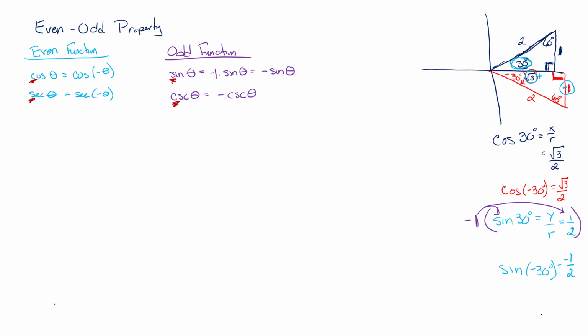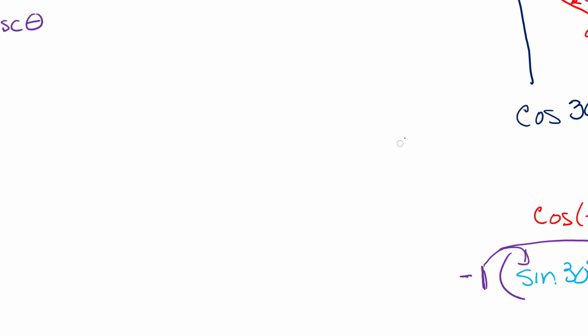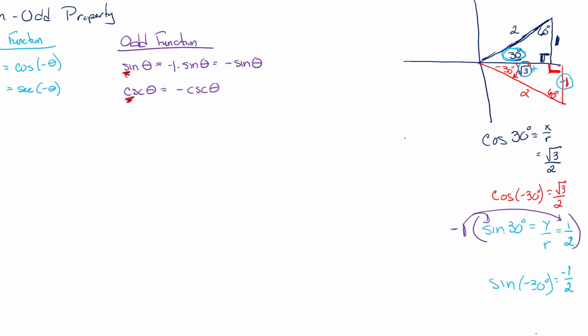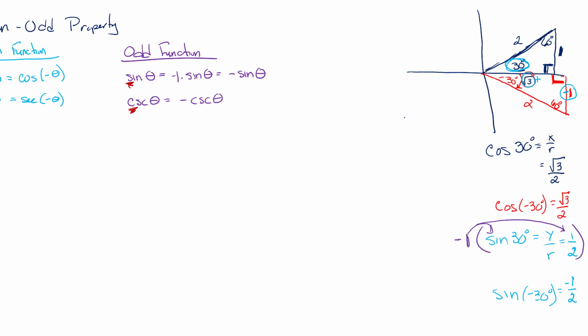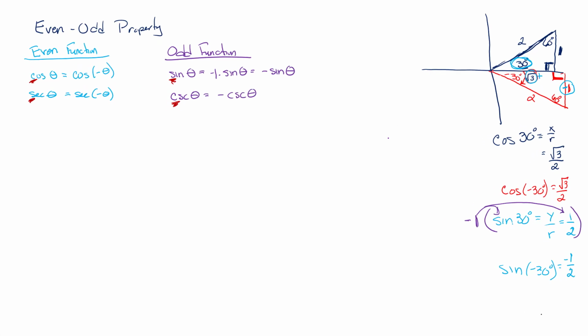Okay, let's talk about one last trig function. Yeah, you guessed it, tangent. So now I'm going to be talking about the tangent of 30 degrees. Now remember, tangent is the y over x. And again, look at section 6.2 to give you a hand.